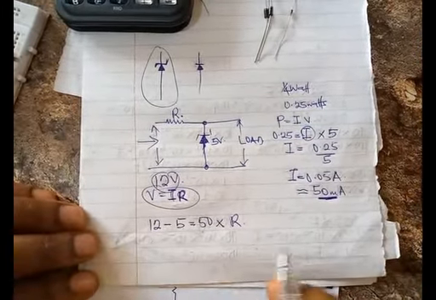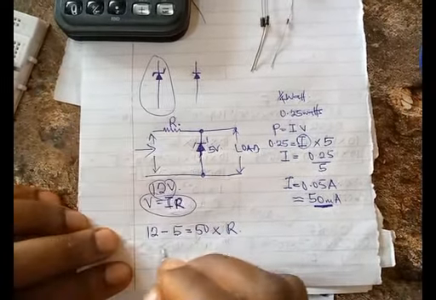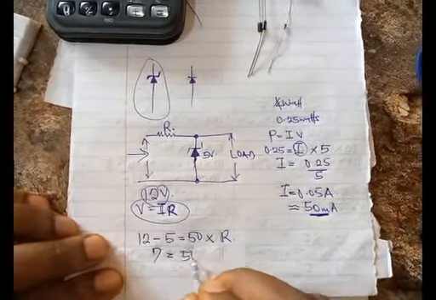So let's move ahead. Now 12 minus 5 gives me 7, equal to 50R.